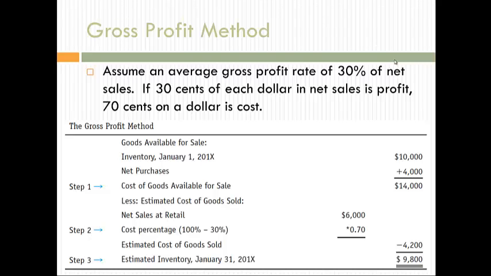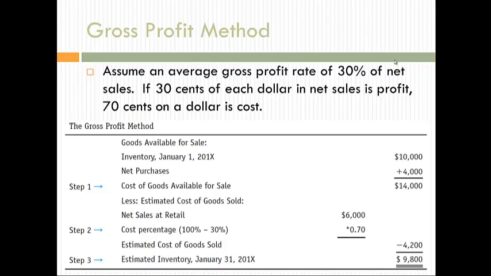So step 1 is to determine cost of goods available for sale. Cost of goods available for sale is beginning inventory of $10,000, plus net purchases of $4,000. So this equals $14,000 cost of goods available for sale. So step 2 is to estimate cost of goods sold by multiplying the cost of goods sold percentage of 70% times net sales of $6,000.